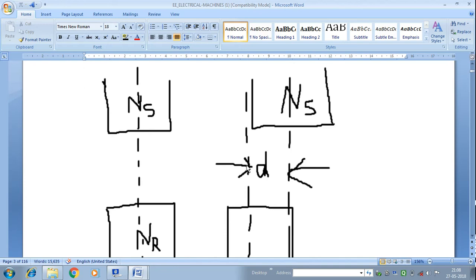Therefore, the rotor field axis swings or oscillates back and forward during the transient condition when the load changes.